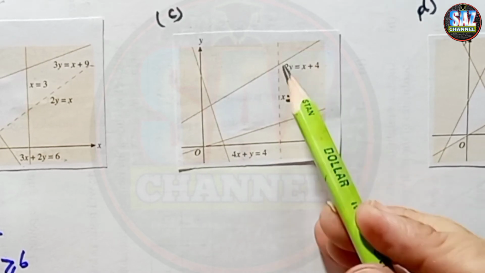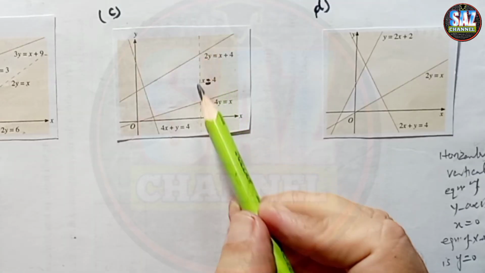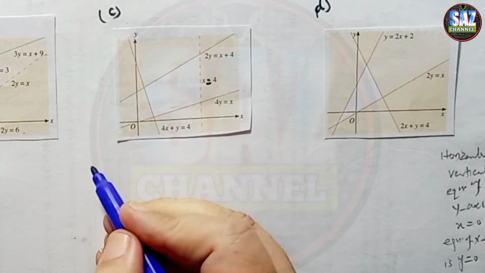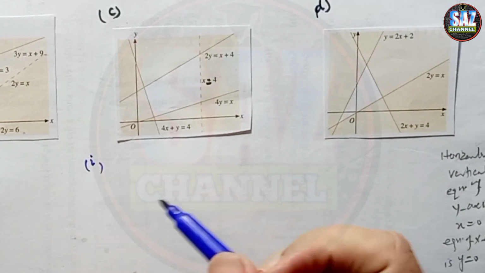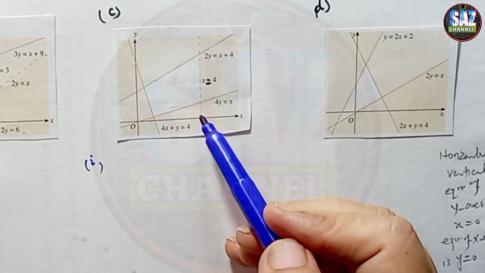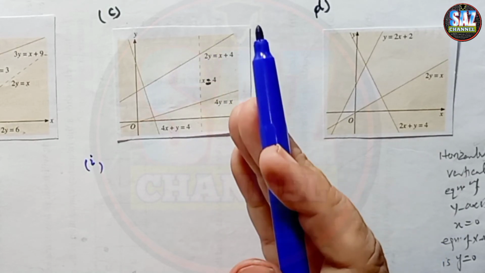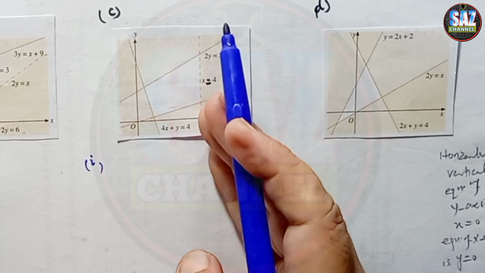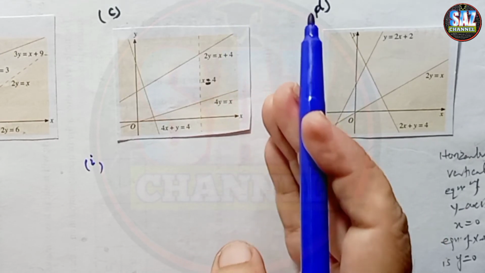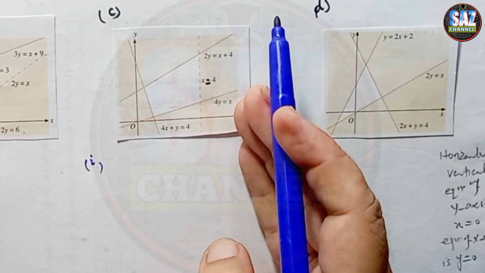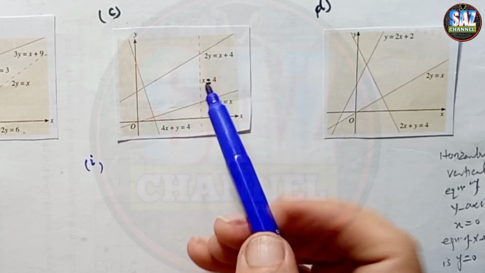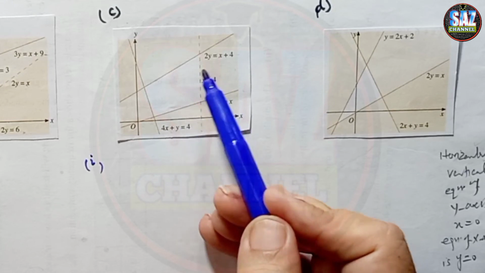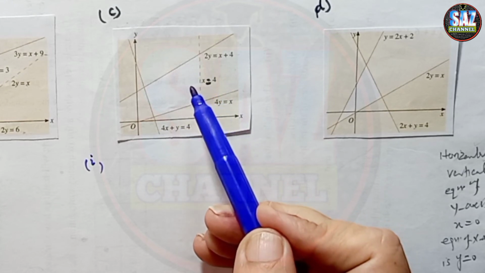Now if we begin with the vertical line x equals 4, focus your attention that for x equals 4, the region towards the right side of this line is the shaded region, and the unshaded region is towards the left of this line.